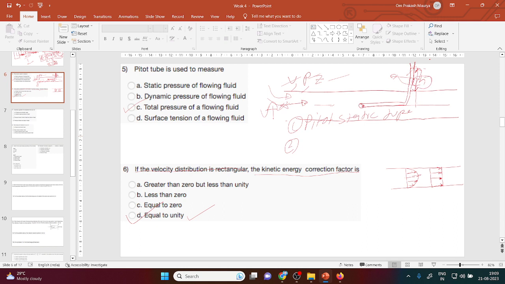If you disturb it by increasing velocity, the height will be different. If you disturb it with pressure, the height will be different. If you disturb with both, the height will be different. That is why a pitot tube measures the total pressure of a fluid flow. Okay, so it is the sum of the static and dynamic pressure. Yes, definitely.